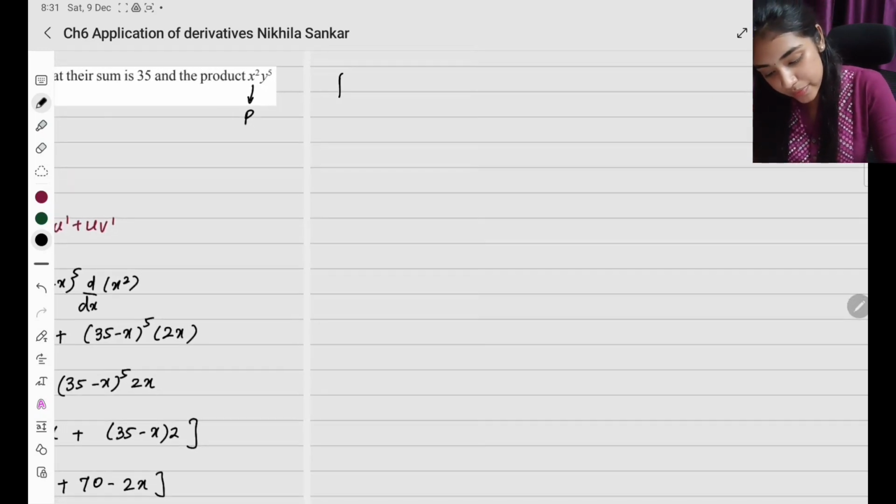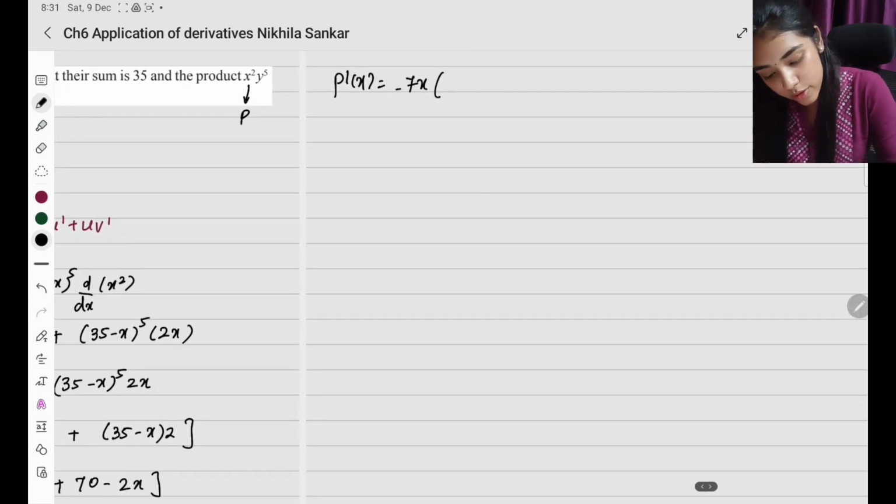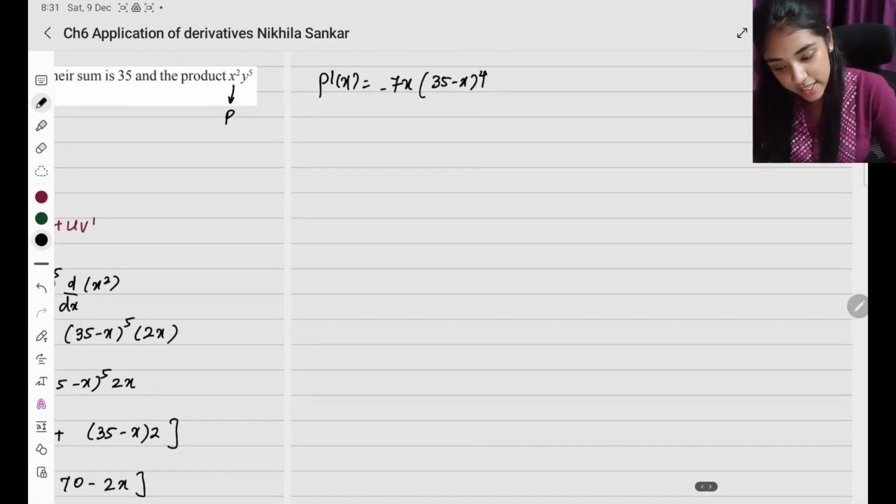I'll write it here. So first p dash of x: minus 7x times (35 minus x) the whole power 4 times (x minus 10).